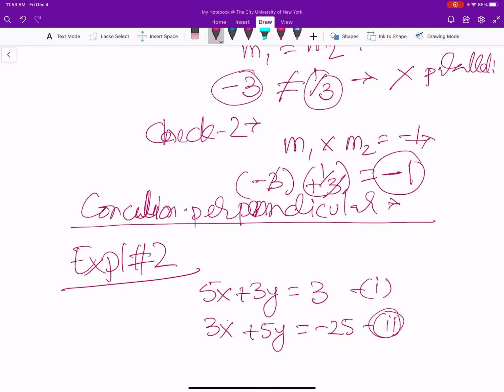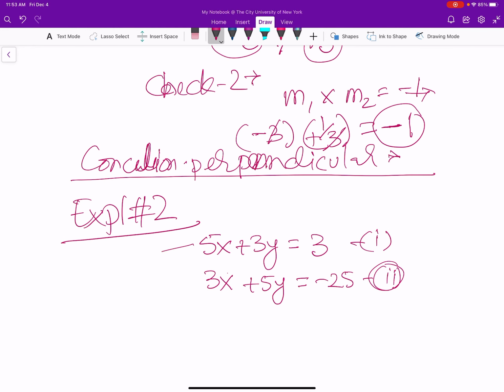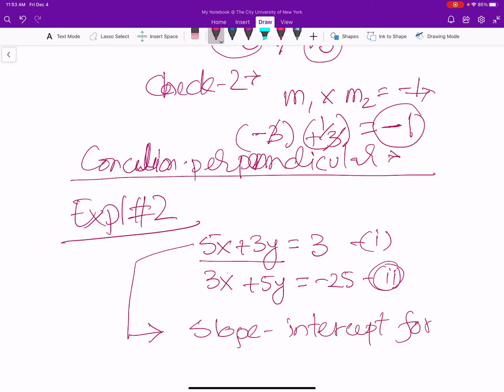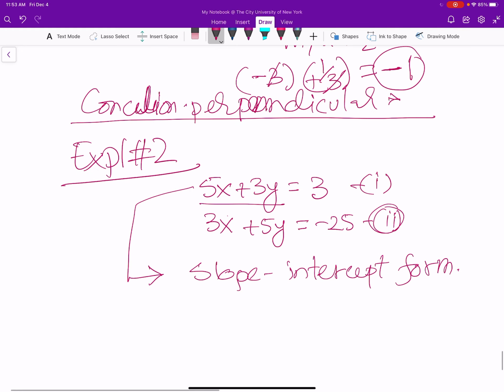So what do you need to do? First, convert them into slope intercept form. You need to convert this into the form y equals mx plus b.